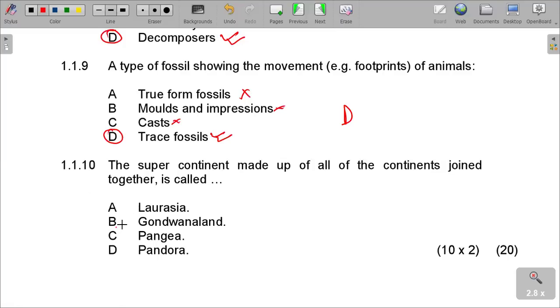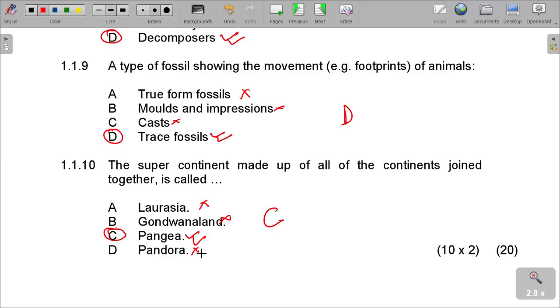Pangaea is the supercontinent that is made up of all continents joined together. So our answer is C. Number 10, our answer is C.